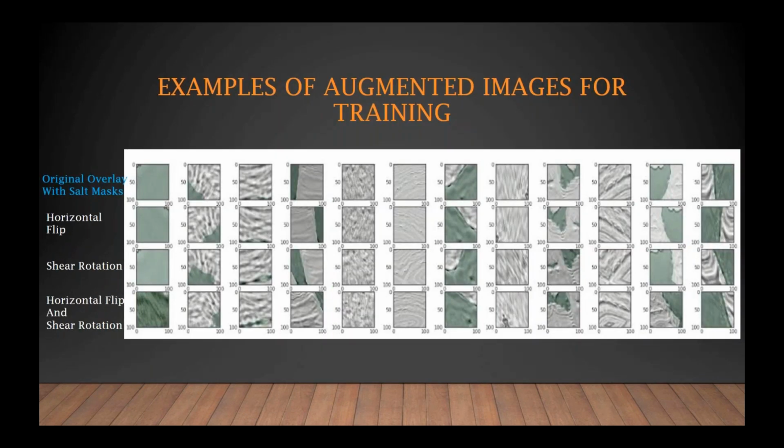These are examples of the augmented images for training. The top row shows the original images overlaid with the salt masks, and the green shades here are salt. The rest of them are horizontally flipped data and shear rotation data, or a combination of them.